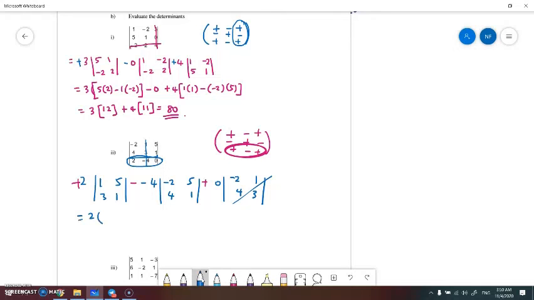So 2, 1 minus 15 is negative 14. Minus minus, so it becomes positive, negative 2 minus 20, so you get negative 20. So your answer is 14 to negative 28 minus 88. So your answer is negative 160.